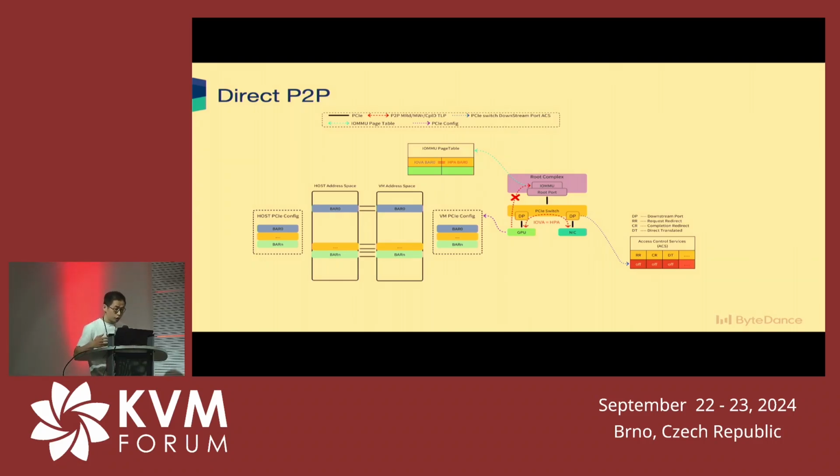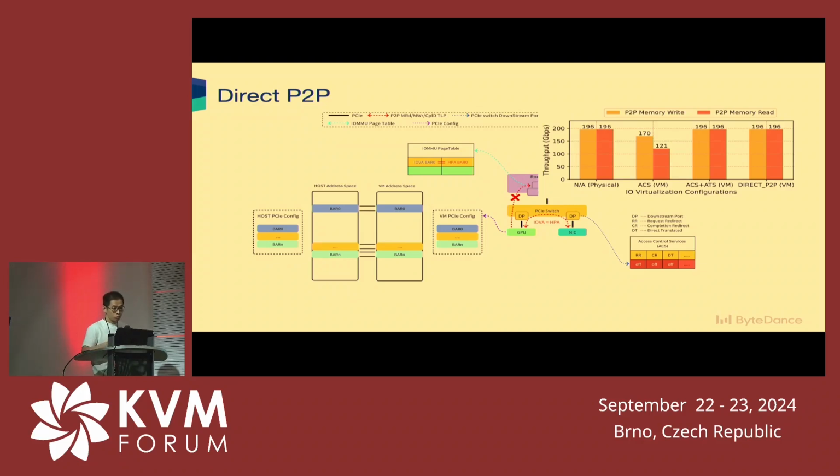Now the destination of the write TLP is the GPU BAR address in the VM, because we have modified the BIOS to ensure that the GPU BAR address, GPA in the VM and HPA in the host, are equal. So now the switch can route this TLP based on its HPA address, and the TLP will be correct.